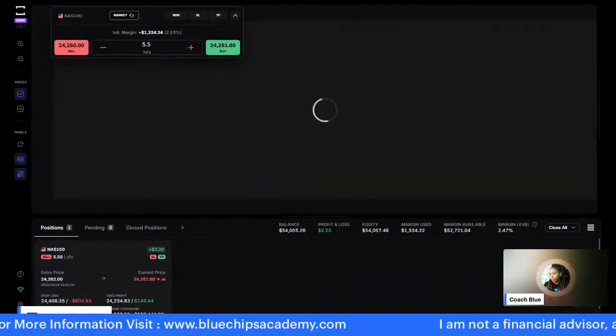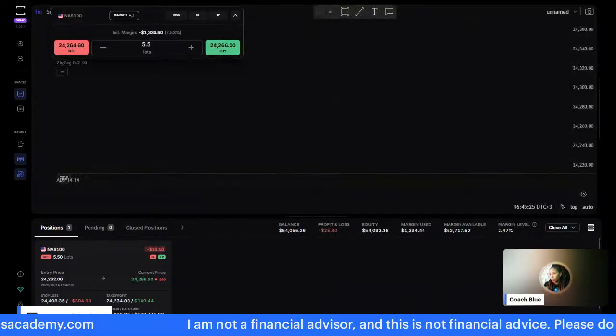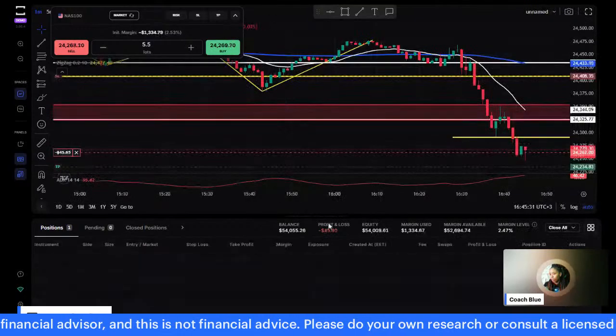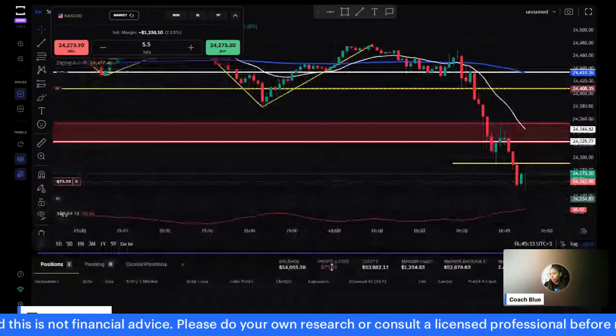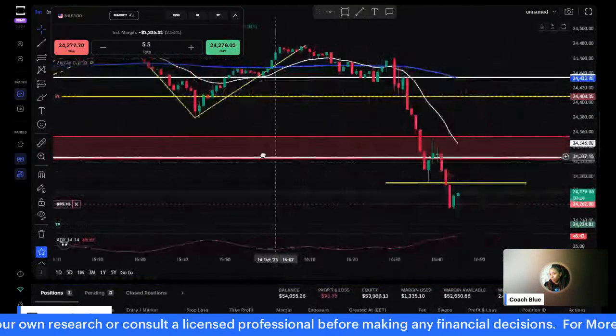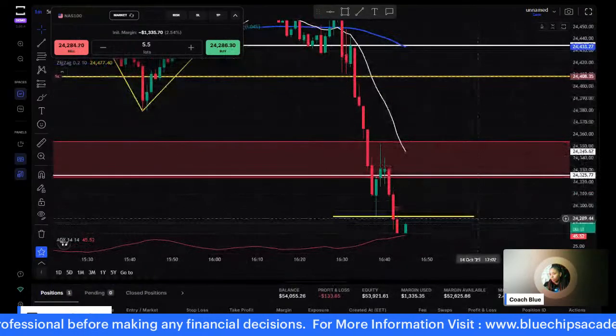Not that much profit, but still, we take what we can get here. Let's see if we can get our continuation here. That last candle moves pretty fast.